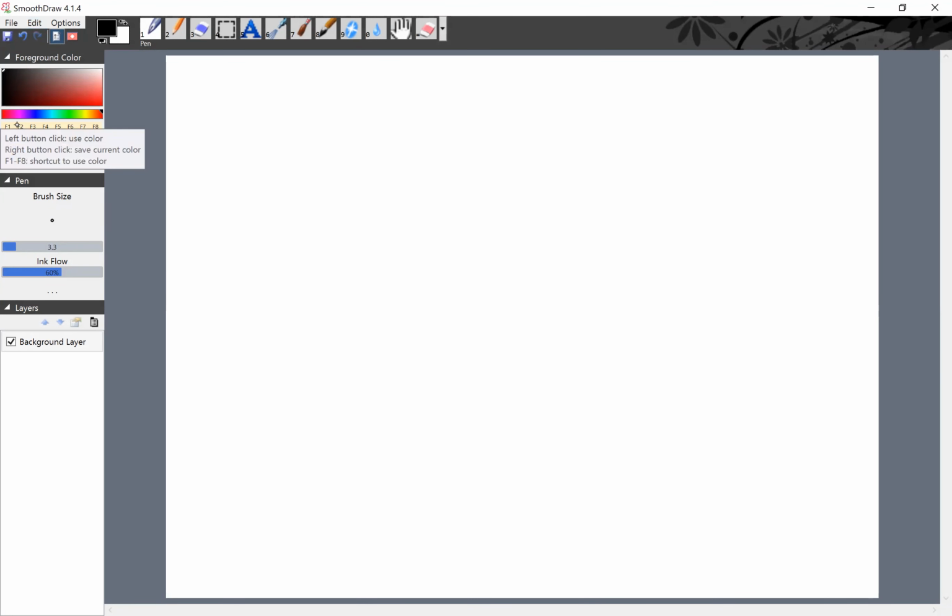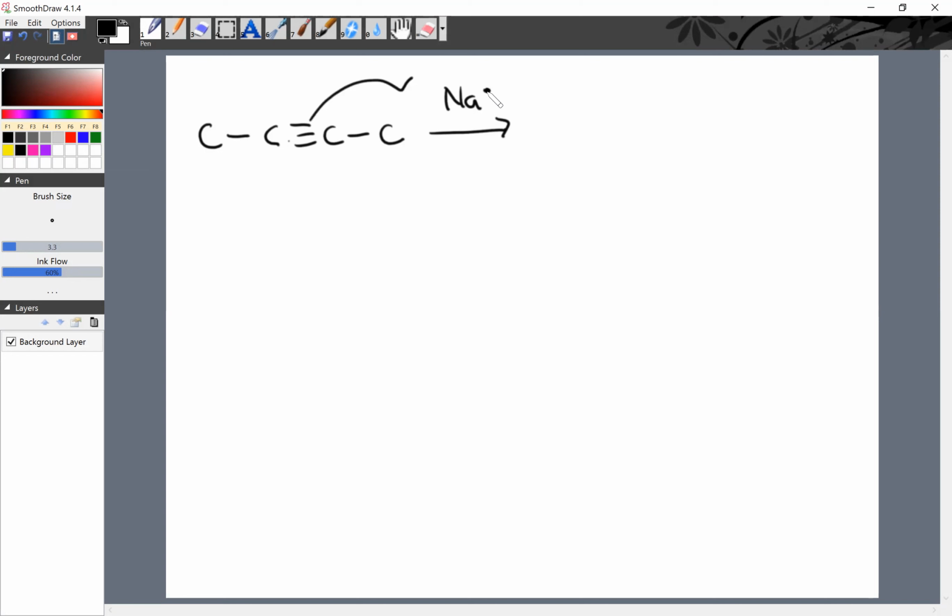All right, so let's do that first one. So we have our nice alkyne, and I'm going to do the whole mechanism so that you can see the whole thing. So we have our sodium ion. So we're going to start that radical ball rolling, and we're going to create, and I'll actually follow the picture that I drew this time.